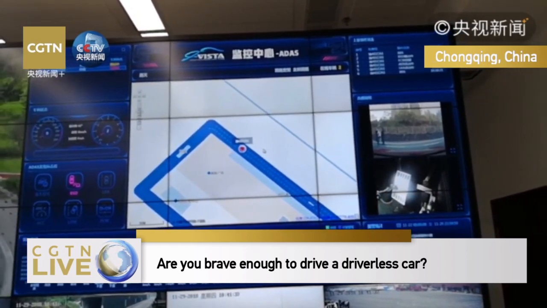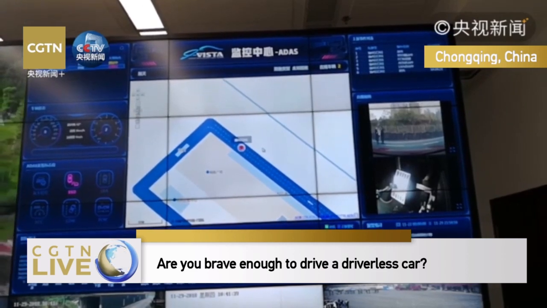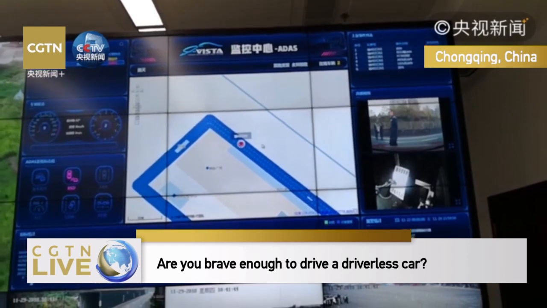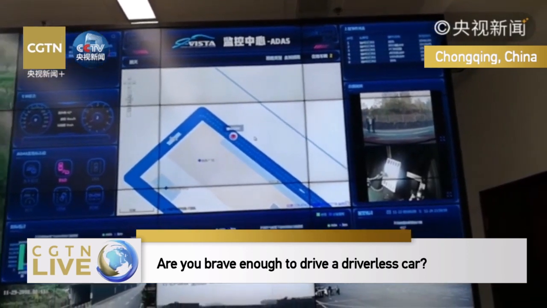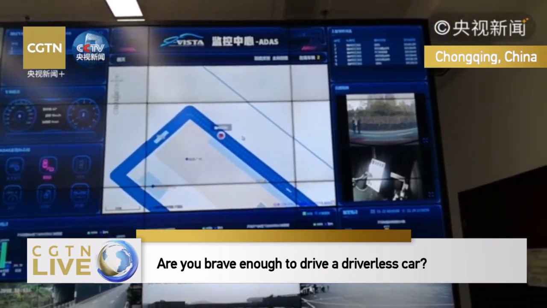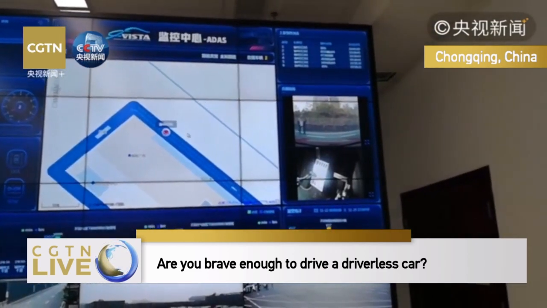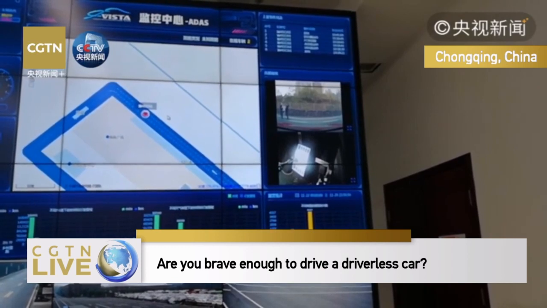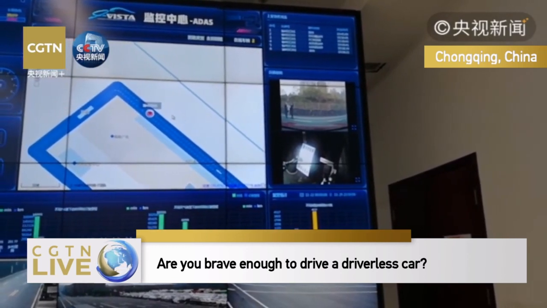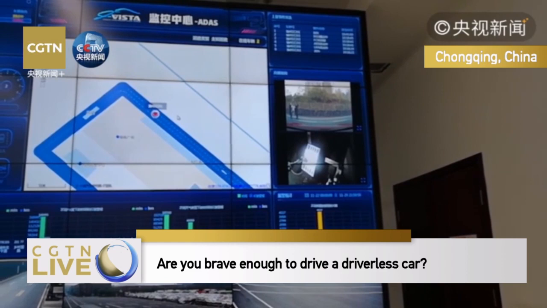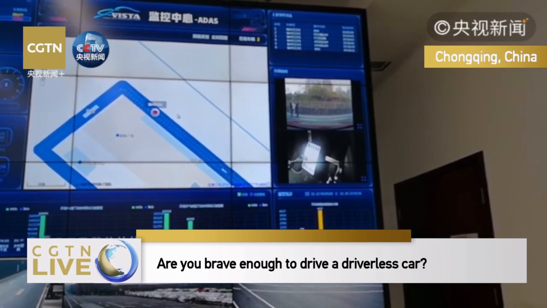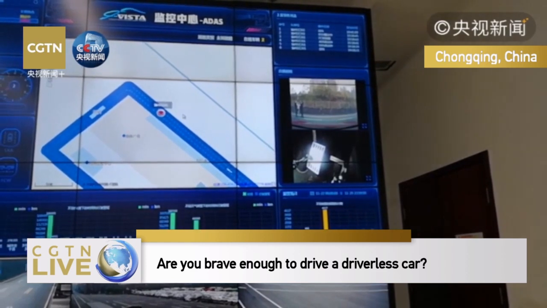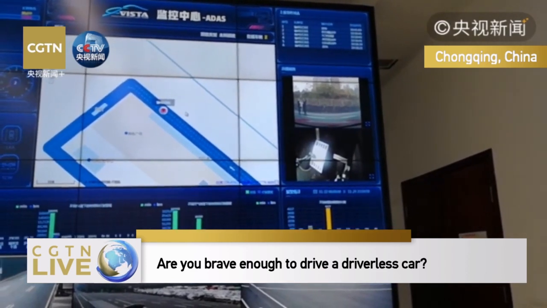And then below that, there is some data gathering of the autonomous driving experiment. And then they will conduct some analysis on this data gathered so as to improve the technology. And then there are 2 monitoring screens. These 2 screens basically show the experiment in real time.